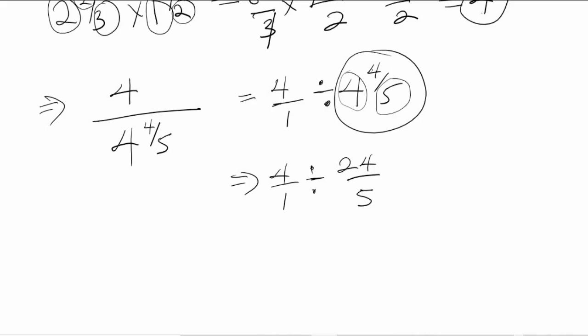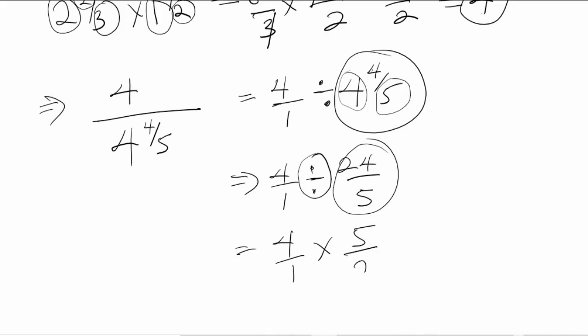Now, to change this division to multiplication, it will become 4 over 1 times the reciprocal of 24 over 5, which is 5 over 24. We turn it upside down to change this division to multiplication.